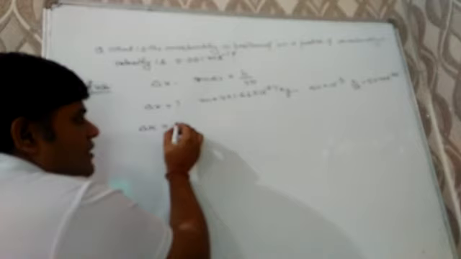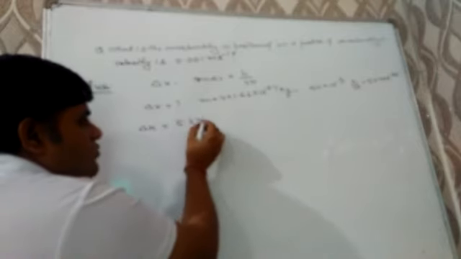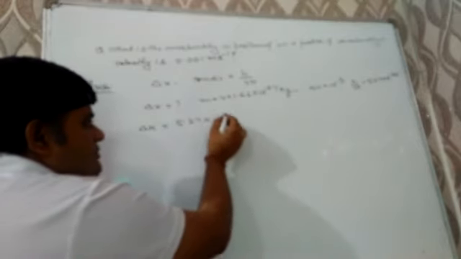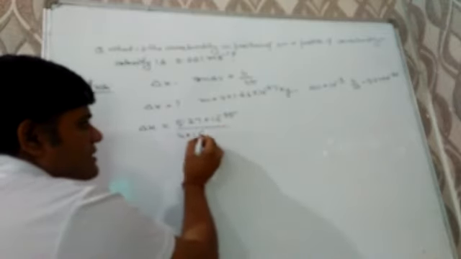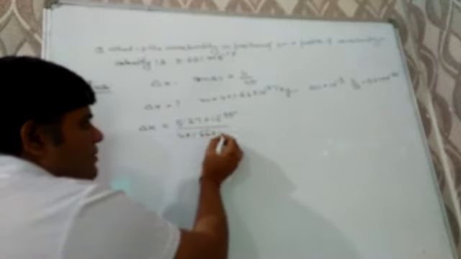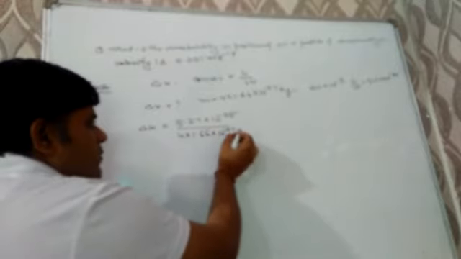Putting these values here, we will get delta x equal to 5.27 into 10 to the power minus 35 over 4 into 1.66 into 10 to the power minus 27 into 10 to the power minus 3.